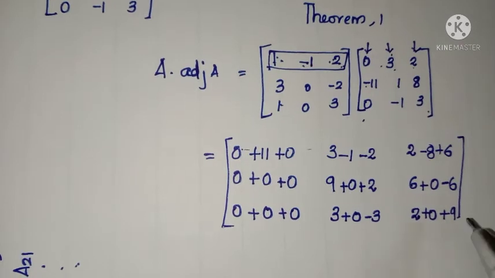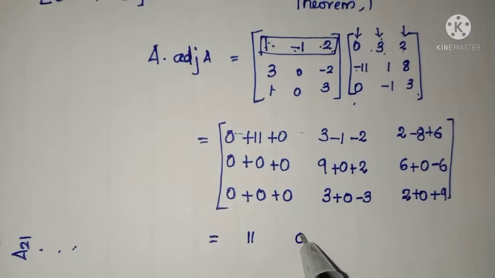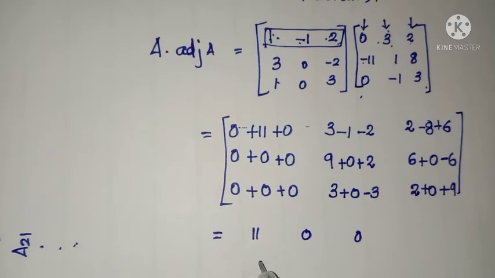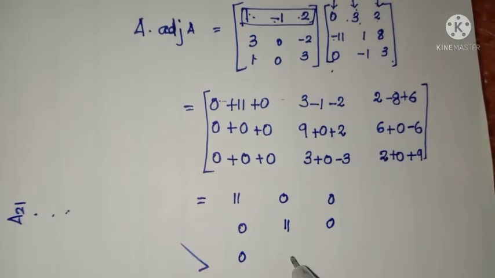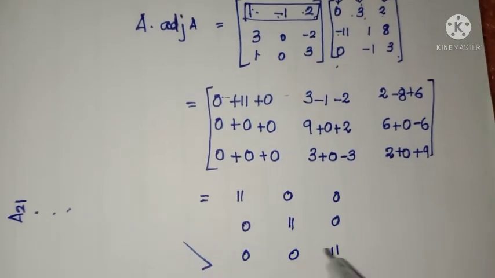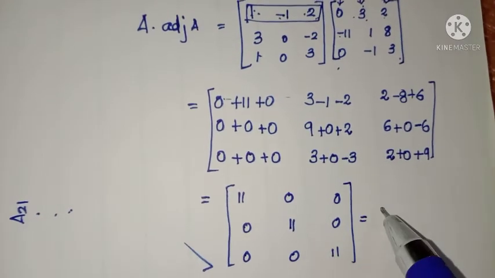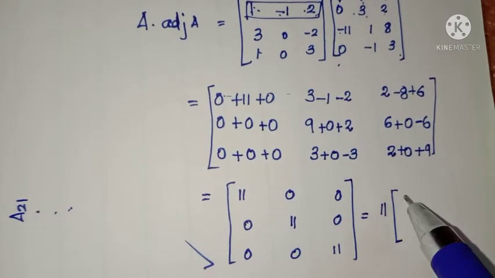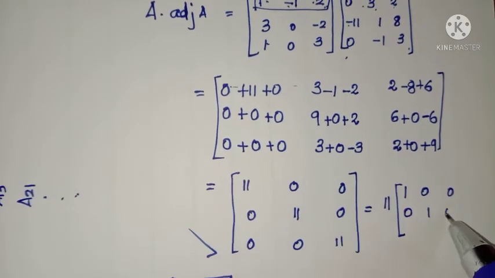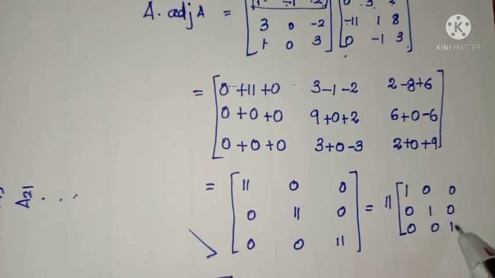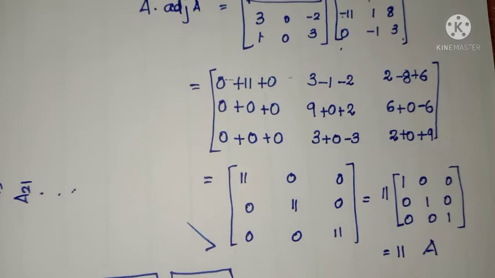Now, this gives 11, 0, 0, 0, 11, 0, 0, 0, 11. Here all the diagonal entries are same, so take it outside. 11 into matrix 1 0 0 0 1 0 0 0 1, and this matrix is our identity matrix.